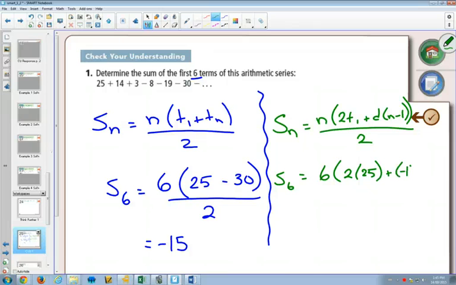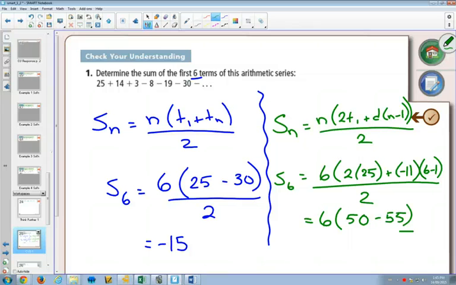We're going down by 11. And here you'd have 6 times 50 minus 55, divide by 2, and you get negative 15 that way as well. So either formula will work, or adding them up.